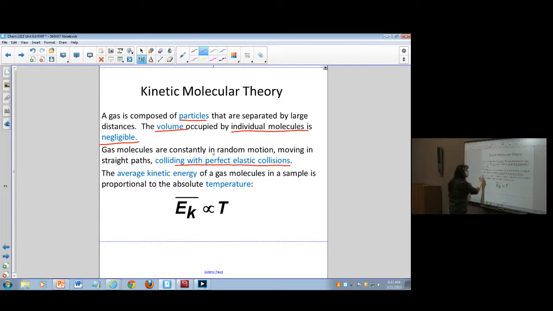And therefore, the average kinetic energy, usually indicated with this E sub K, is going to be proportional to the absolute temperature, which of course means in Kelvin. That's the big takeaway about kinetic molecular theory: it's the temperature that determines the kinetic energy of the sample.